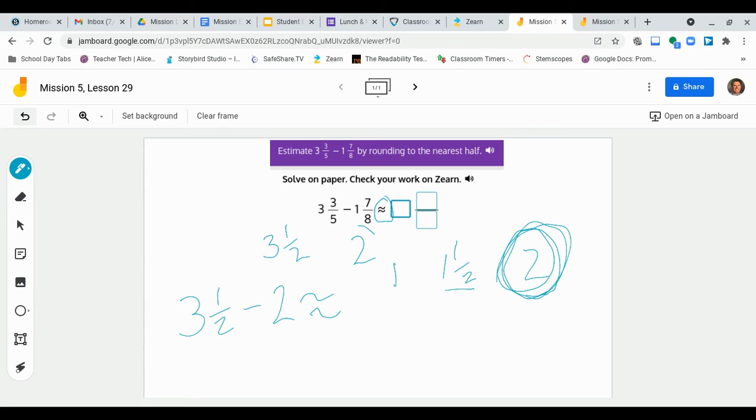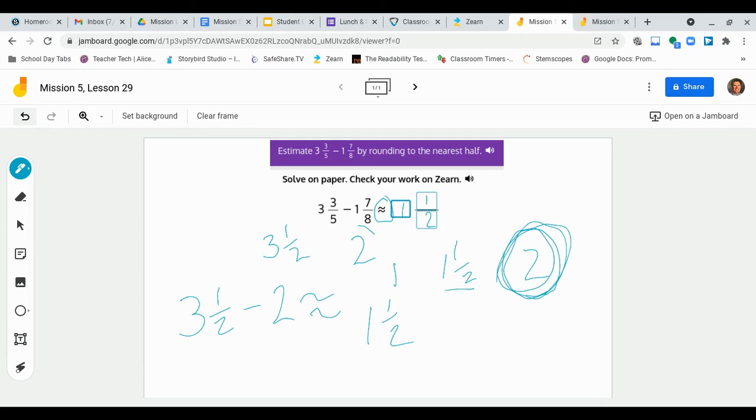So what would 3.5 minus 2 be? Well, 3.5 minus 2 would be 1.5, because I have 3 wholes, I take away 2 of them, that's 1, and I still have the half. So 3 3/5 minus 1 7/8 is about 1 1/2. And there you go.